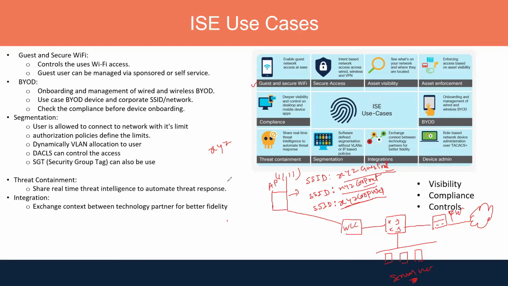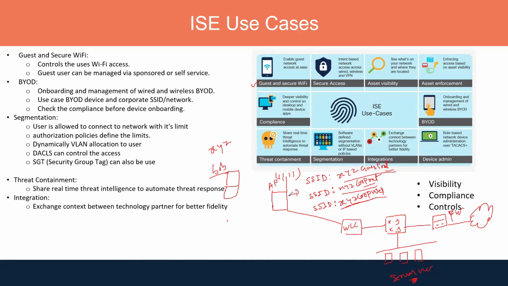So let's say there is a user coming, and this user is Bob. Bob is a guest user as of now. He sees that the guest SSID is being advertised, and he puts in his username and password.